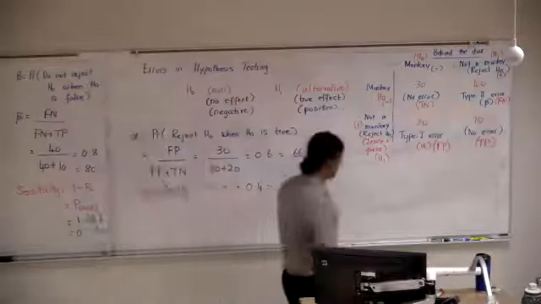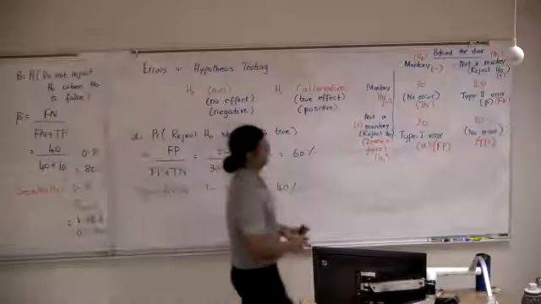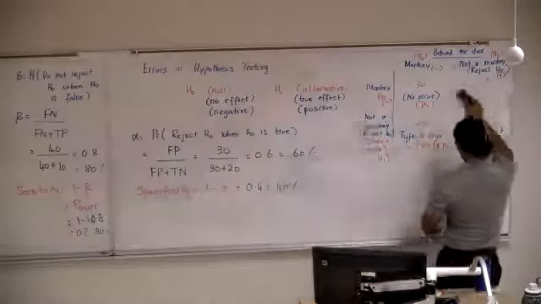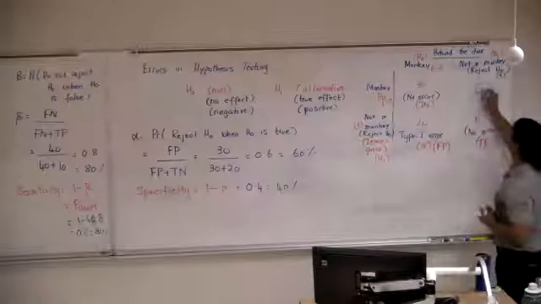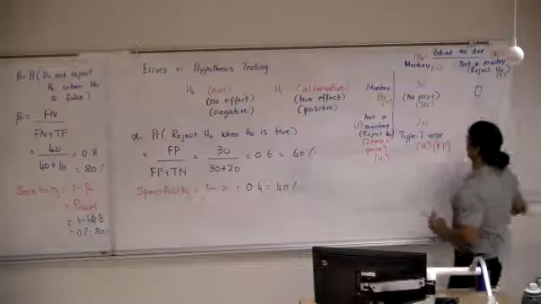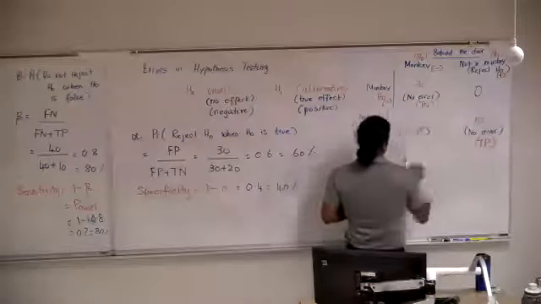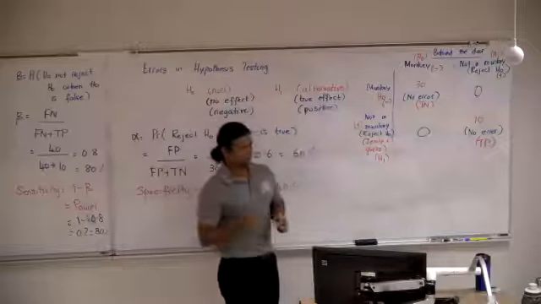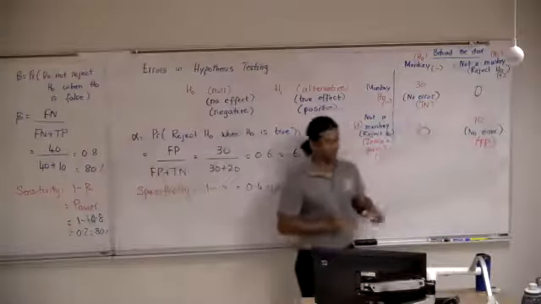Type 2 has to be 0. Is that good enough? Type 1 has to be 0. And we've got 100, right? It can't be 70-30.